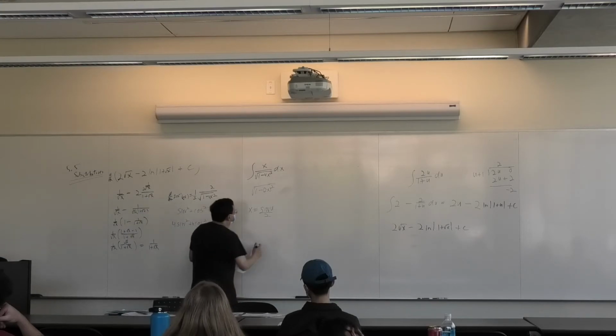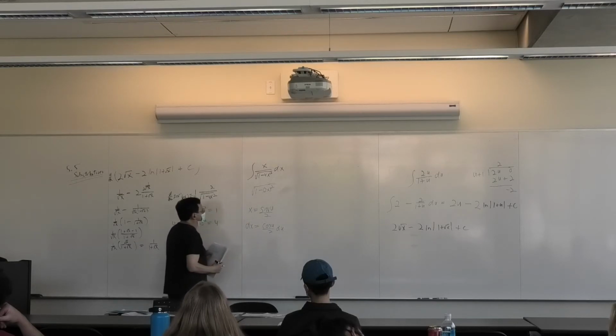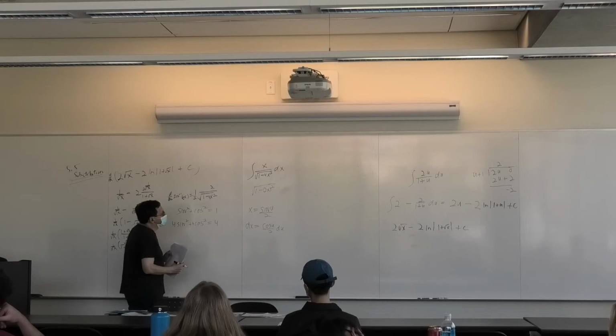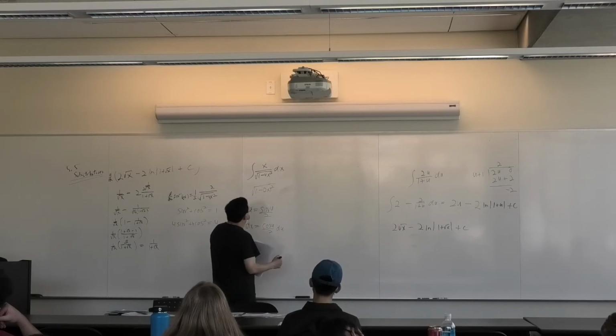Okay, so dx equals cosine of u over 2 du. Oh. Well, that has possibilities.